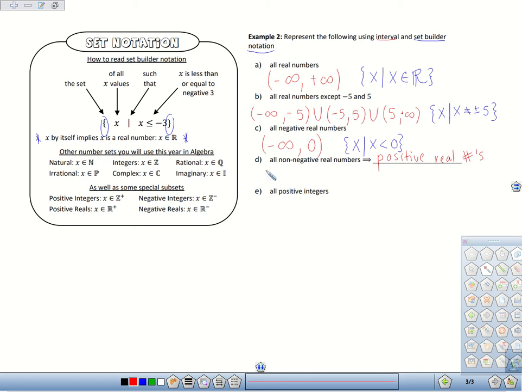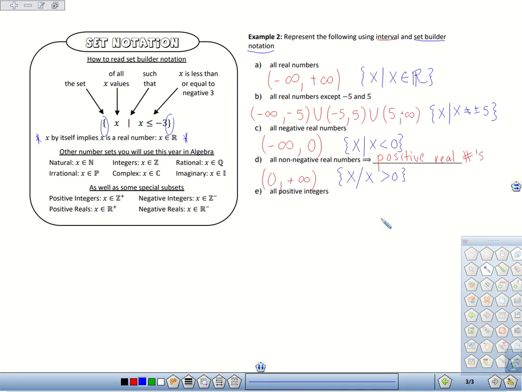Good. So we're going to talk about numbers from 0 to positive infinity. And 0 is not included because 0 is not a positive number. You start getting into positive numbers directly after 0. And in set builder notation, that's going to look like x such that x is greater than 0.